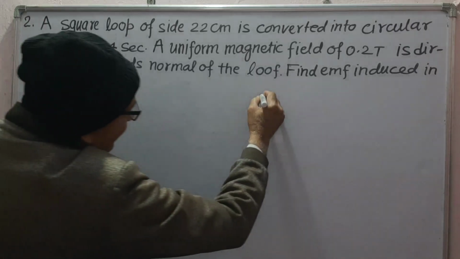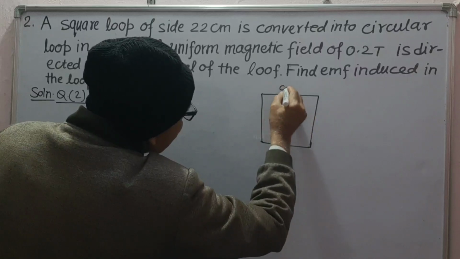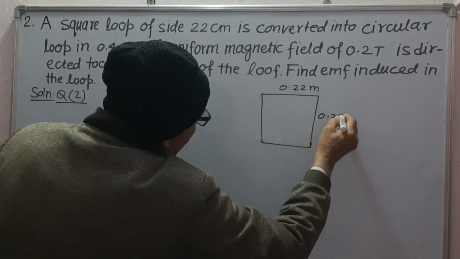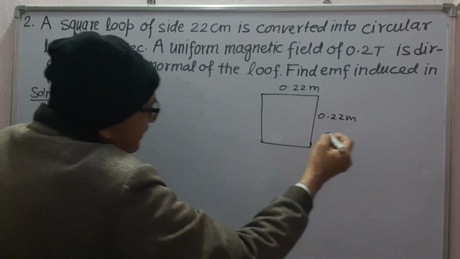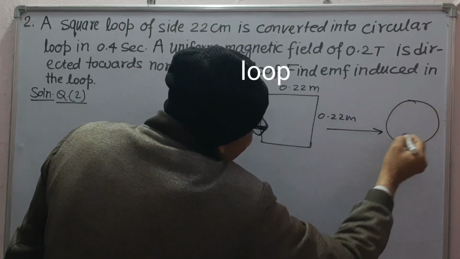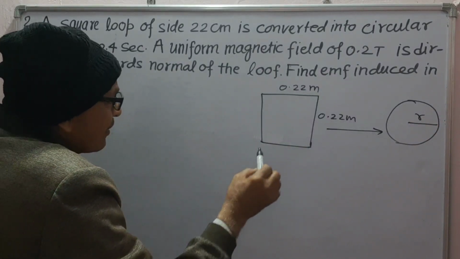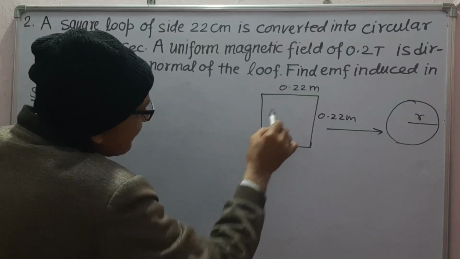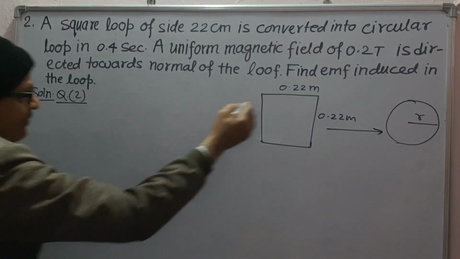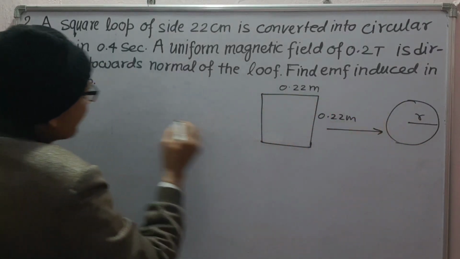Here this is a square loop of each side 0.22 meter. This is suddenly converted into circle of radius r. Perpendicular magnetic field is B. Now perimeter of this square loop will be equal to the circumference.